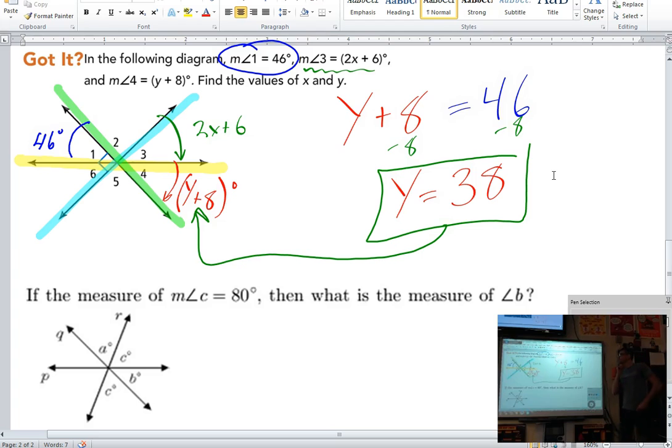Katie, can you see a relationship that involves the green angle, the 2x plus 6? And you can, so that is angle 3, right? Does angle 3 have a relationship with any other angle in this image?